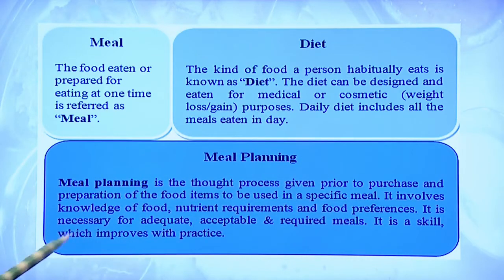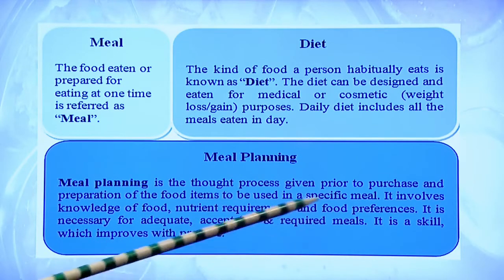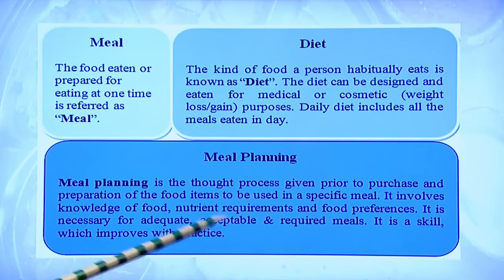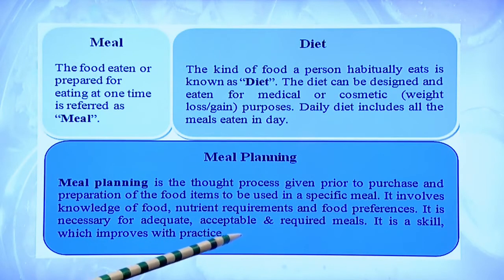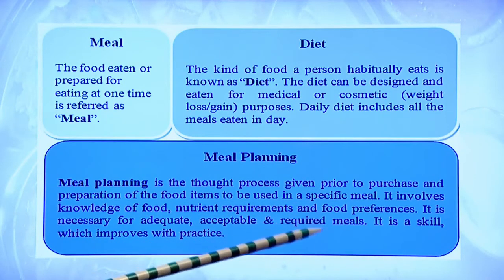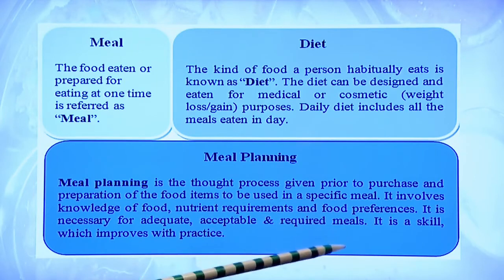It involves the knowledge of food, which you are getting right now, nutrient requirement and food preferences, because food cannot be eaten only for the nutrient, but it has to be tasty, as you have learned in the previous lesson also. It is also necessary for it to be adequate in amount, acceptable in taste and available at the time needed to have the meal, and it is a skill which improves with practice.